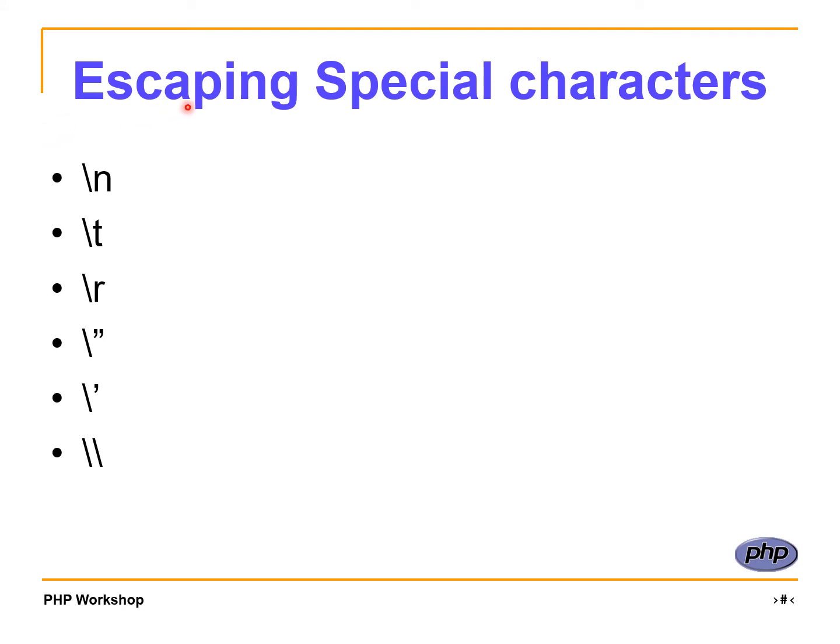The commonly used escaping special characters in PHP are \n for next line, \t for tab, \r for return, \double quote for double quotes, \single quote for single quote, and \\ for generating a backslash.